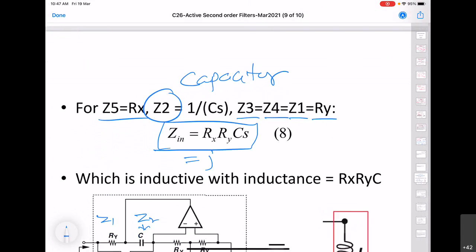So that means j, Rx, Ry, C, omega, right? And we know that for an inductor, the reactance is given by j L omega.